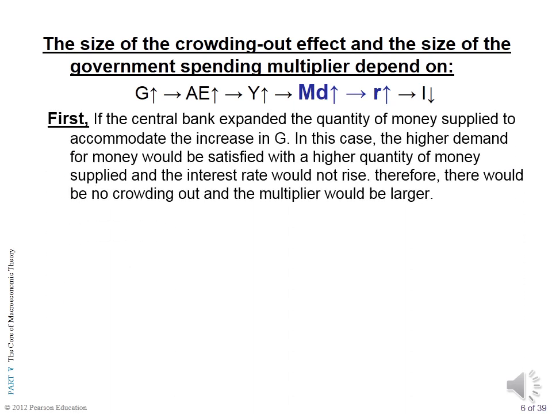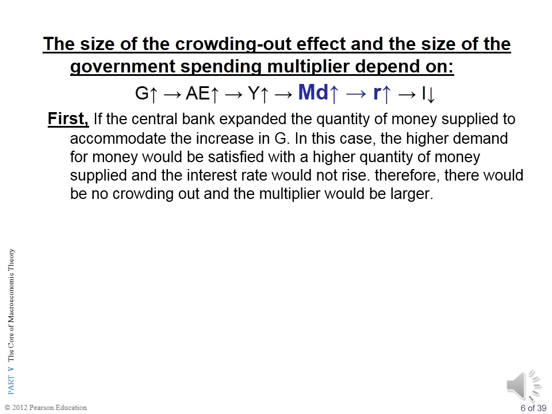يبقى امتى بقى؟ If the central bank expanded the quantity of money supplied to accommodate the increase in G. In this case, the higher demand for money would be satisfied with a higher quantity of money supplied, and the interest rate would not rise.